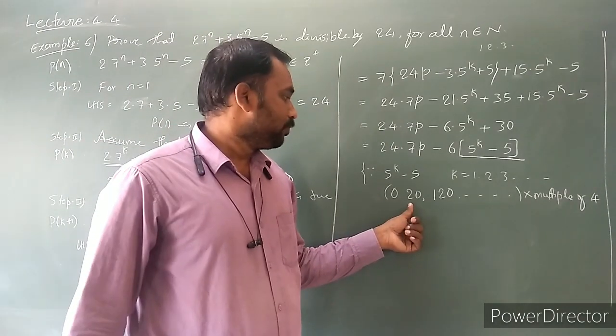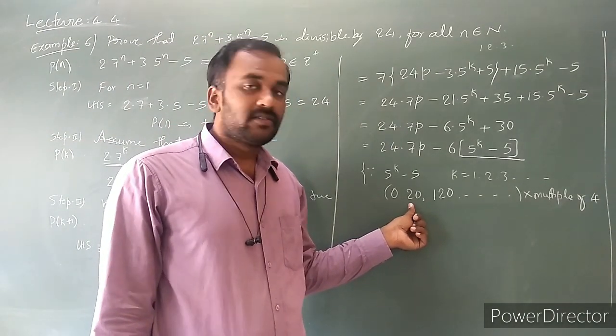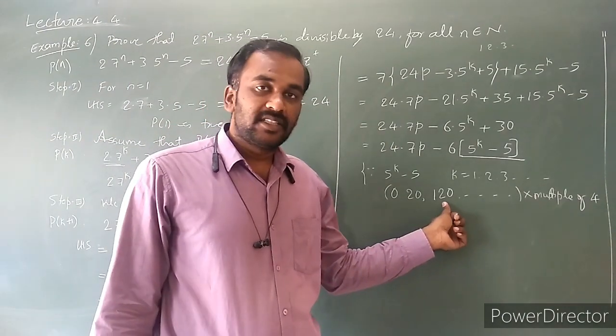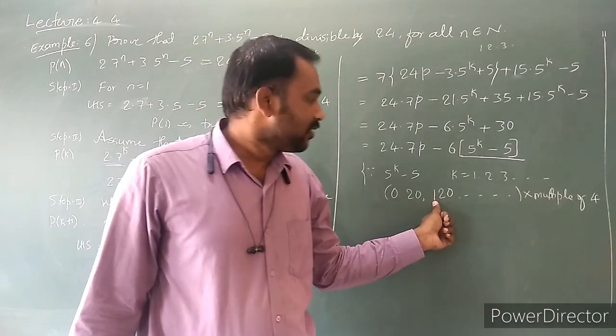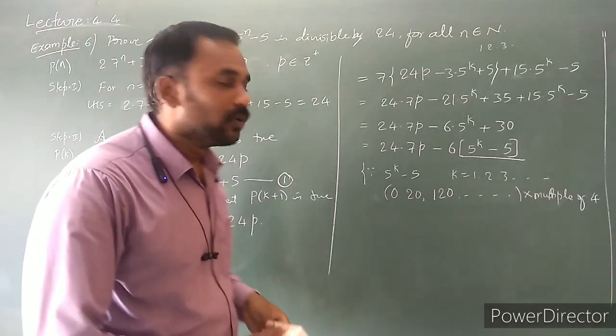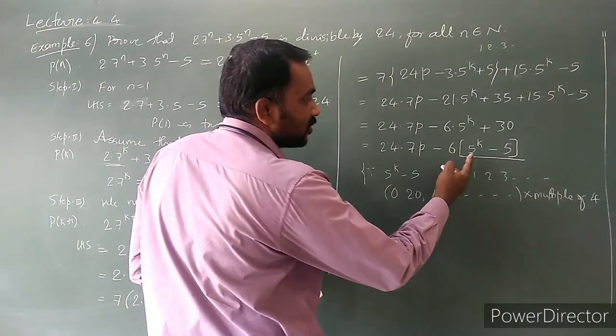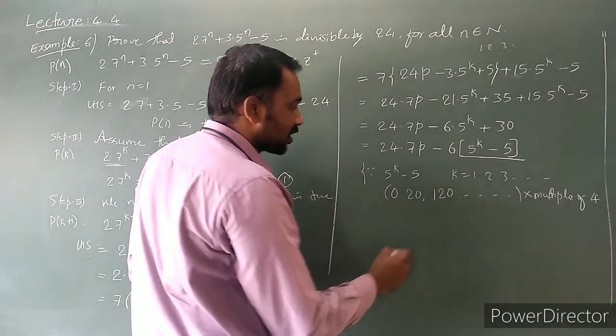Check it. 4 times 5 is 20, and so on. 30 times 4 is 120. Multiples of 4 are there. So these are the multiples of 4.